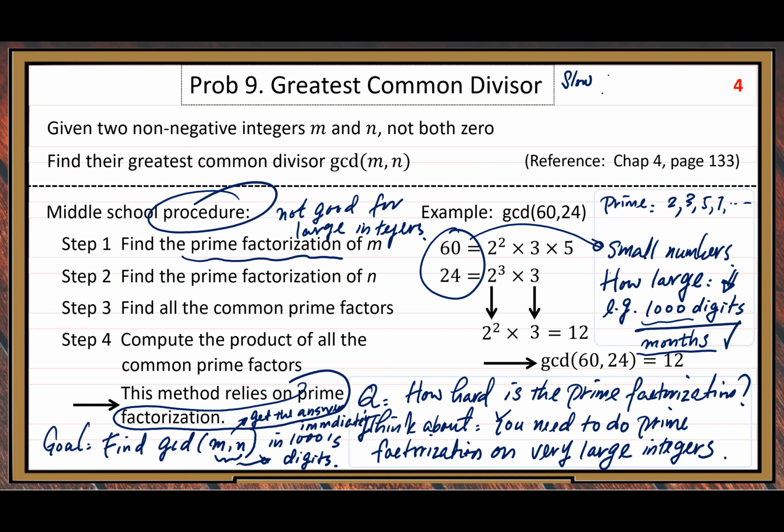This fact, the slow prime factorization, could be useful in encryption applications.